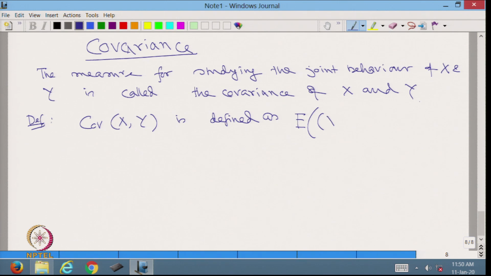expected value of (X minus expected value of X) into (Y minus expected value of Y), and we can simplify it as follows.